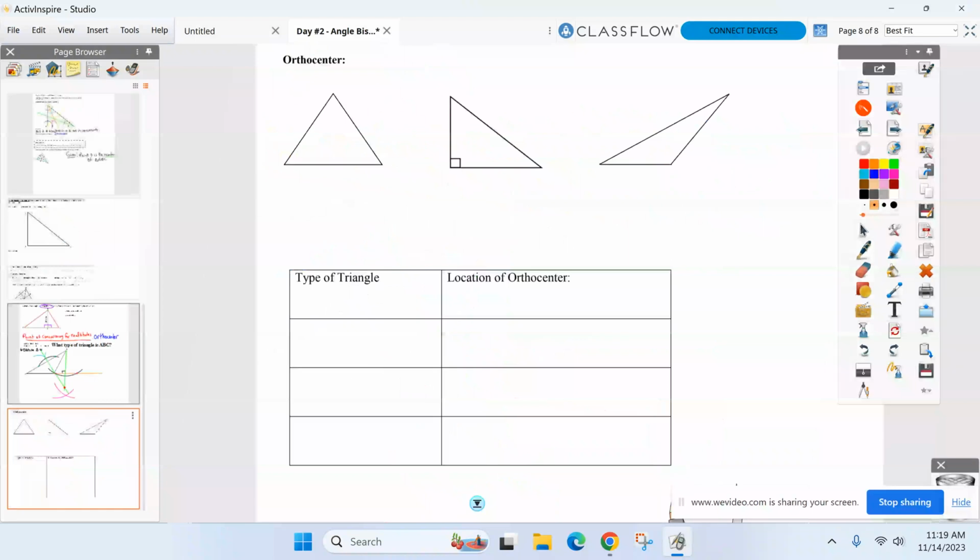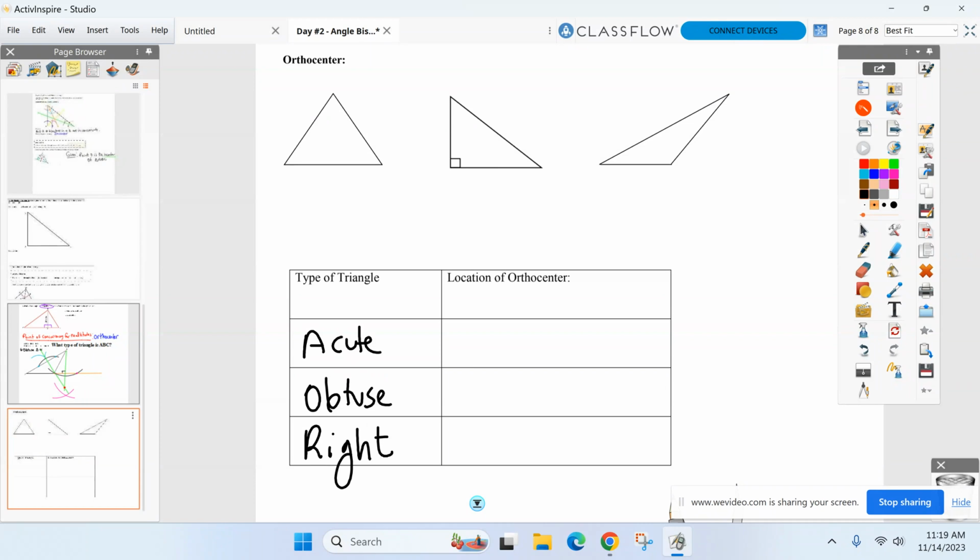So there's 3 types of triangles I need you to be aware of. First one, acute triangle. Second one, obtuse. And anybody know the third one based on its angles? Right triangle, yes. Okay, well, can we fill out obtuse?